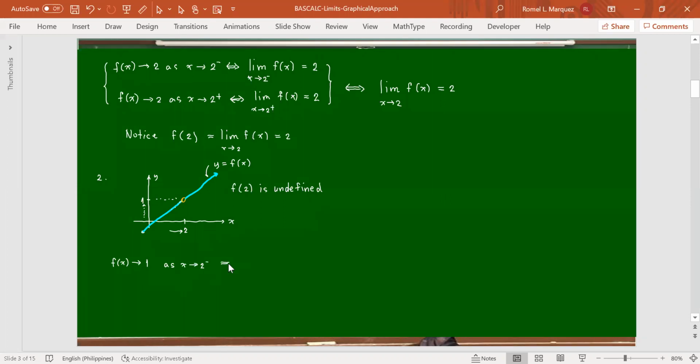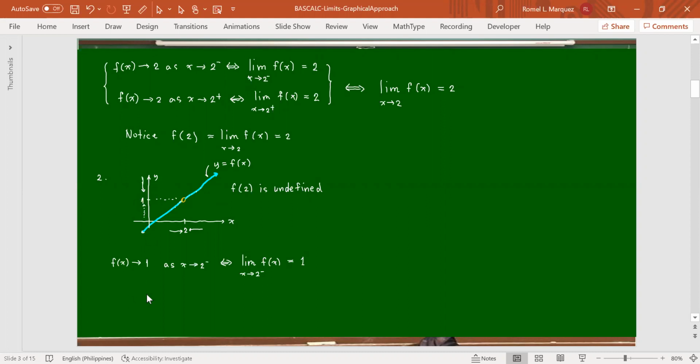Equivalently, we write the limit of f of x as x approaches 2 from the left, and that is equal to 1 in this case. Let's check the behavior from the right. Again, I will approach 2, coming from the right, so I will travel along the line until I am very, very close to this hole. Where does my f of x tend to go?